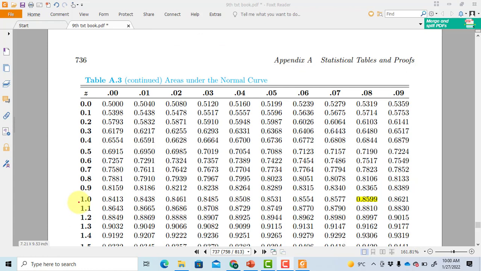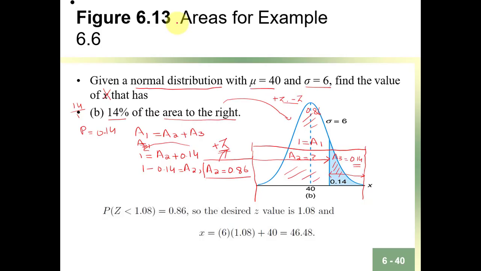This value is at z with 1.0 before the decimal and 0.08 after the decimal. So we will say that 1.08 is the z value, along with which the area 0.86, or 0.8599, has been associated.